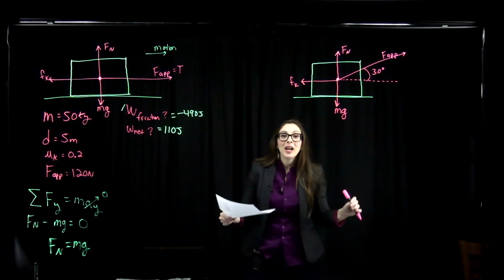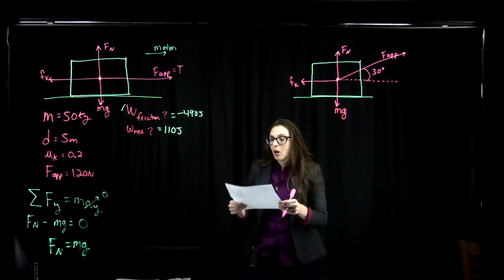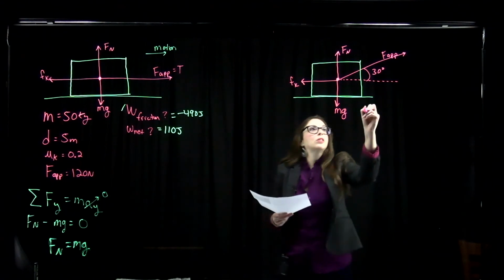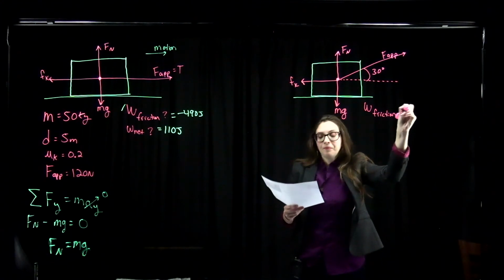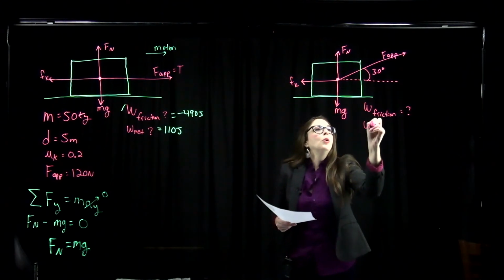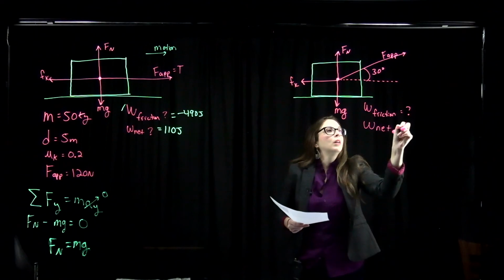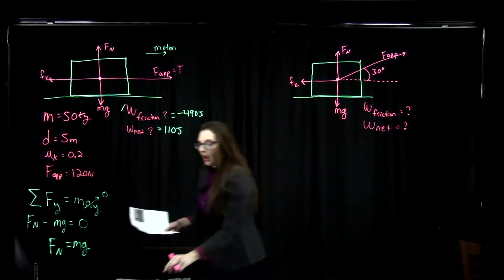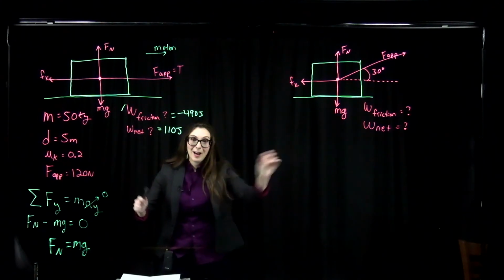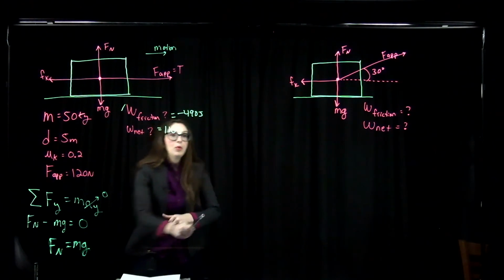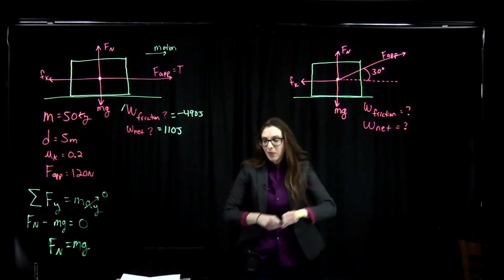How is this going to change the outcome for the calculations we want to find? We still want to find the work done by friction and the total work, or the net work. Okay, so let's repeat our calculation for the work done by friction. This time, though, we're pulling with the applied force at the angle, okay?